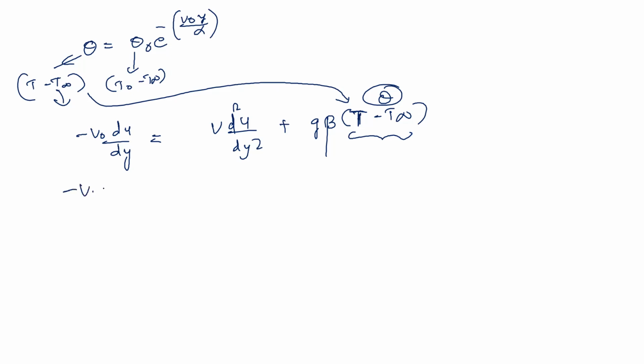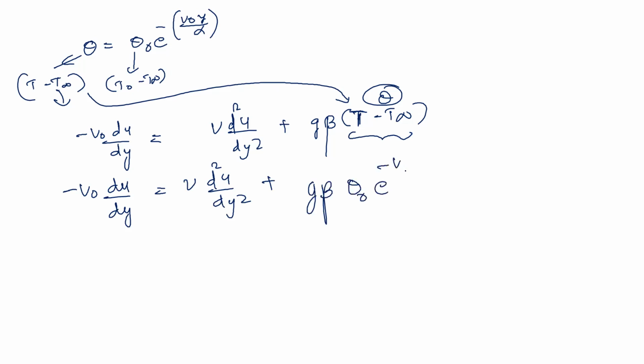So let us substitute that value. So that comes to be minus VO du by dy equal to mu into d square u by dy square plus g beta into theta O into e raised to minus VO y by alpha. So now it is a differential equation just in y.